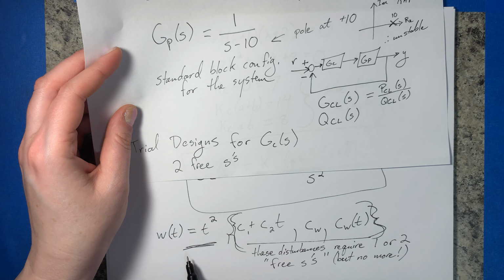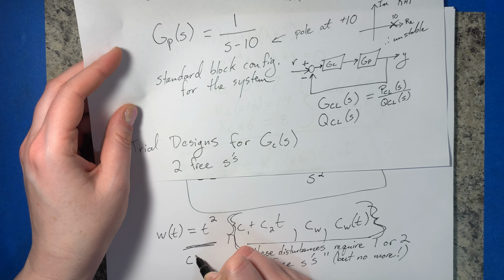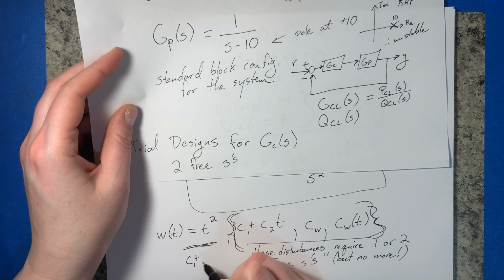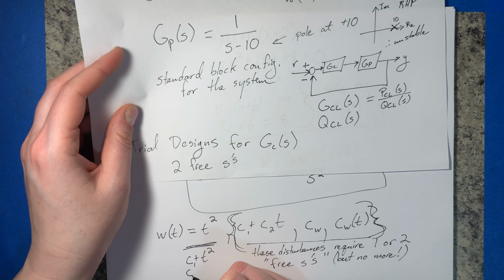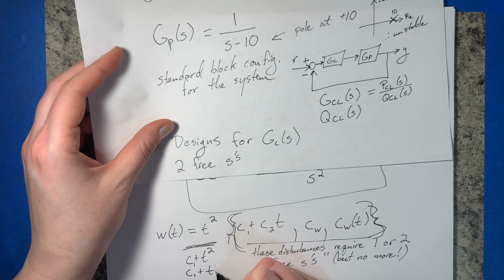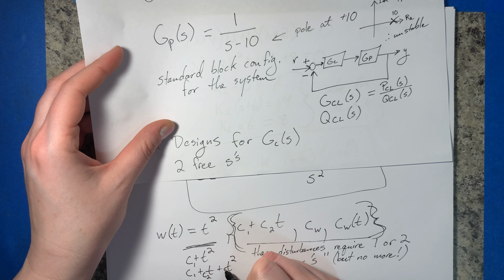Okay, it would take a disturbance of this strength, or perhaps a constant plus t squared, or perhaps constant plus a ramp plus a t squared, something like this. And let's go ahead and stick some constants in there just because we don't know.